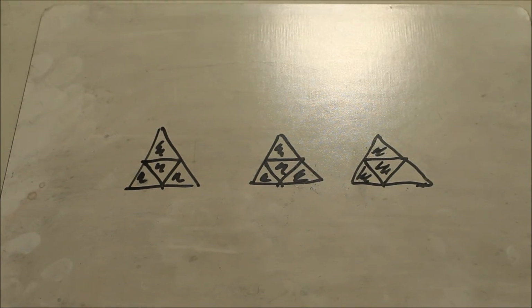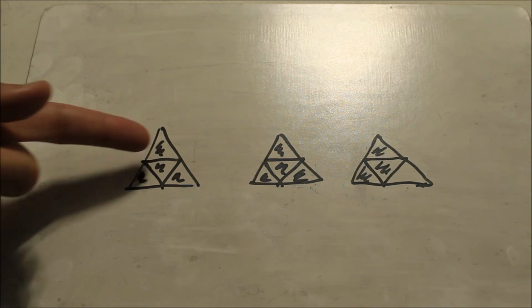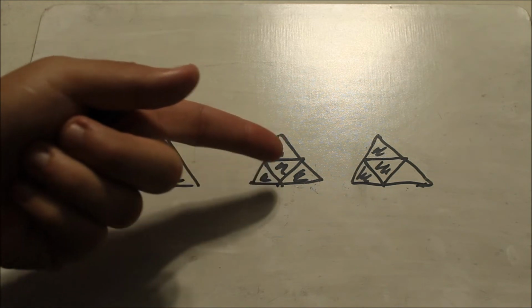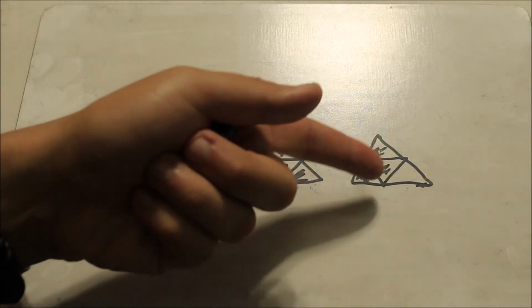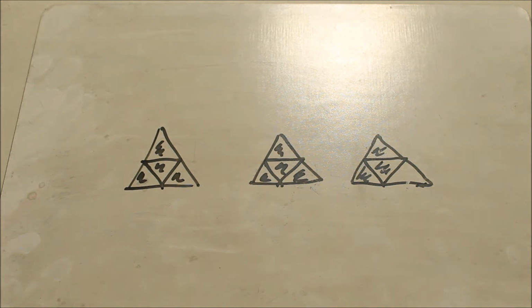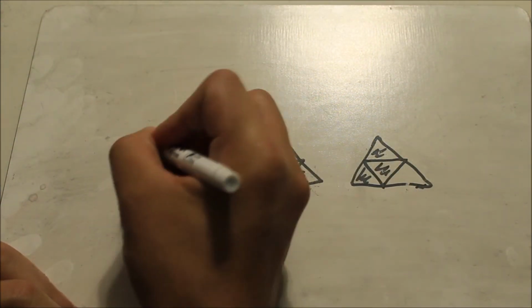Let's take a look at our picture. Here's my picture. I have triangles that have been partitioned into 4 equal parts, meaning that they are fourths. Let's count how many fourths we have all together. 1, 2, 3, 4, 5, 6, 7, 8, 9, 10, 11, 12. I have 12 in total.